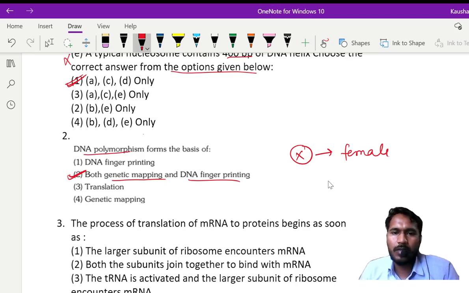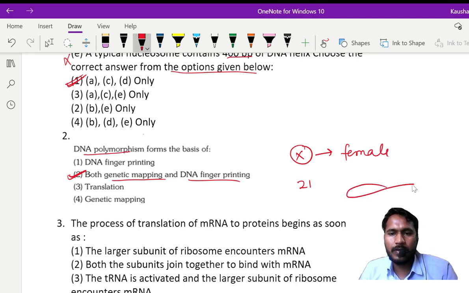Because of the 21st chromosome trisomy, it will form Down syndrome. 21st or 18 will give you Patau syndrome, Edward syndrome. So this is because of their chromosome number.